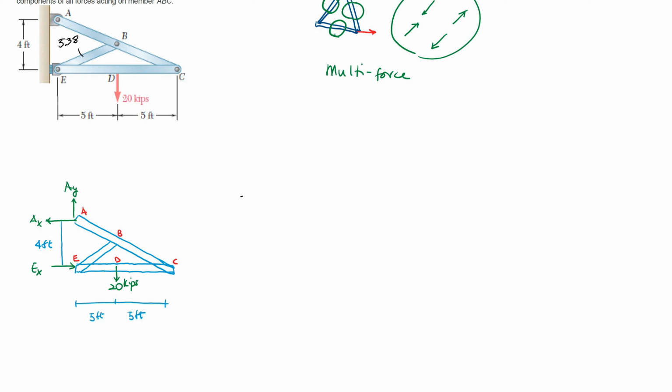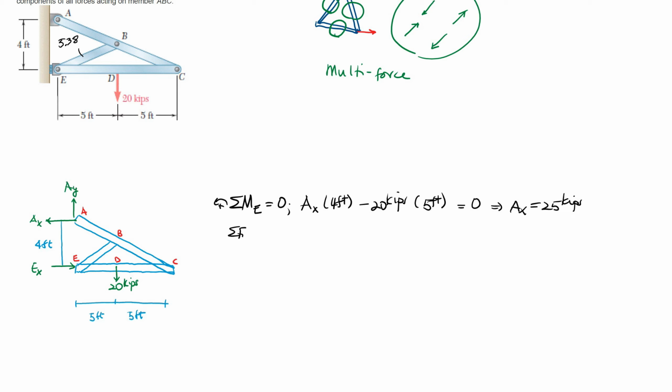If we sum moment about E, which is very similar to what I did in the example, we have AX going about E in the counterclockwise direction times 4 feet minus 20 kips times 5 feet equals 0. So quickly we found that AX equals 25 kips.